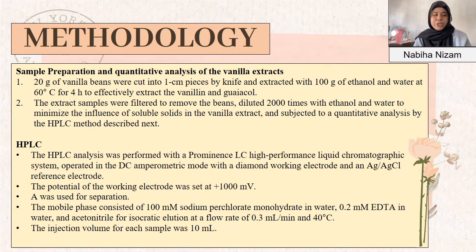A column was used for separation, and the mobile phase consisted of 100 mM sodium perchlorate monohydrate in water, 0.2 mM EDTA in water, and acetonitrile for isocratic elution at a flow rate of 0.3 ml per minute and 40 degrees Celsius. And lastly, the injection volume for each sample was 10 ml.